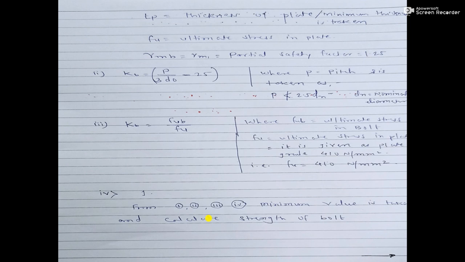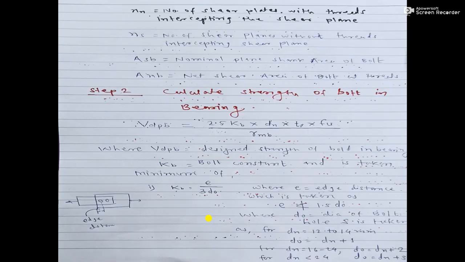Among these values, calculate the minimum and consider it as Kb, and put this value in the above formula. Dn is the nominal diameter given in the problem, Tp is the thickness of the thinner plate, Fu is the ultimate stress of the plate, and gamma m is the partial factor of safety. From that, calculate VDPB, the strength of the bolt in bearing.